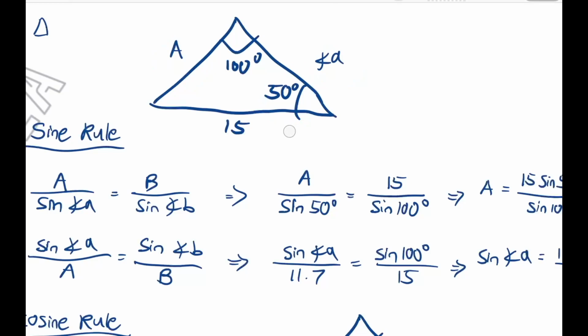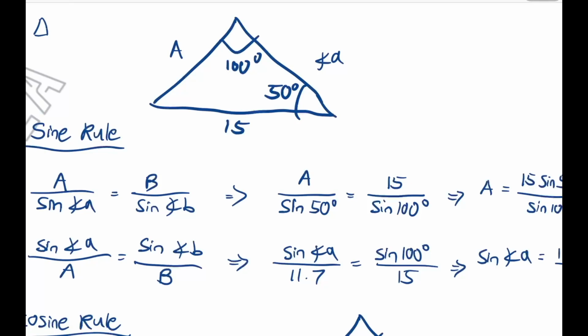Now, what I'm going to do is identify another pair where I know the angle and I know the length. Previously we mentioned this is actually the telltale sign as to whether you can do a sine rule or not.